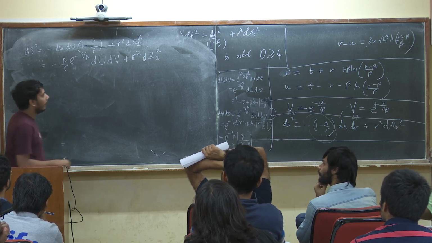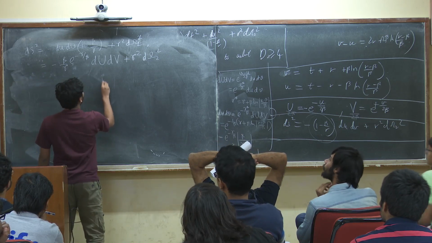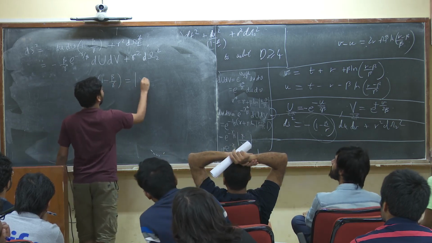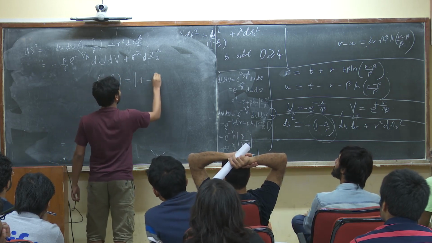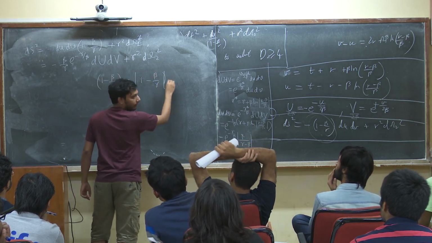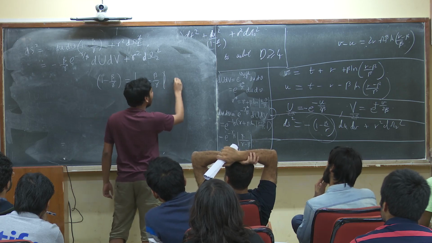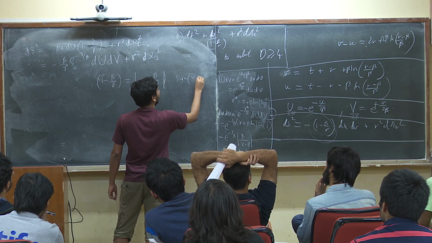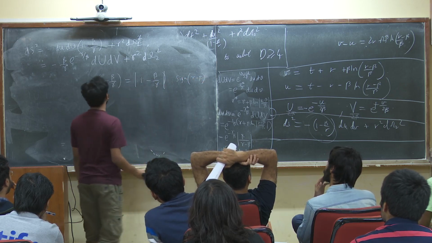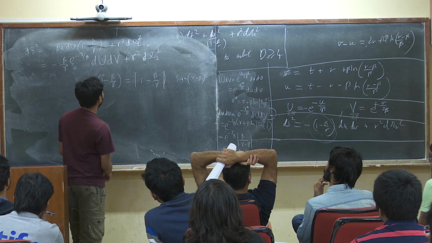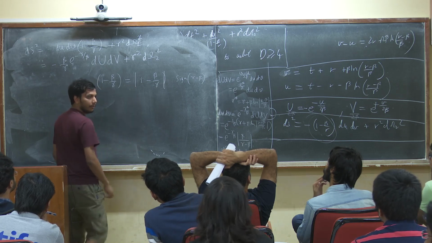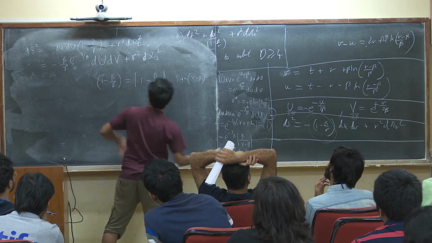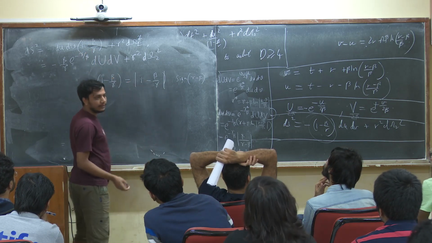Actually, 1 minus beta by r is equal to, I have done this in this way, beta by r into the signature of whether r greater than beta or r less than beta. I don't know whether it is right or not. Maybe my negative sign is there, but there should be a relative sign in this factor. And if we want to cancel this mod with this factor, then this signature will come.